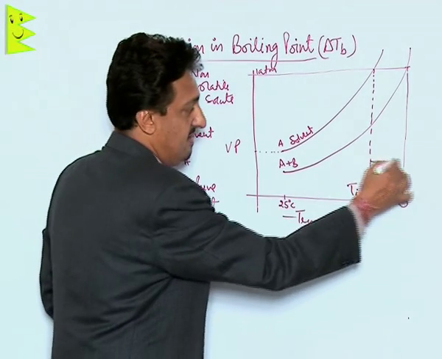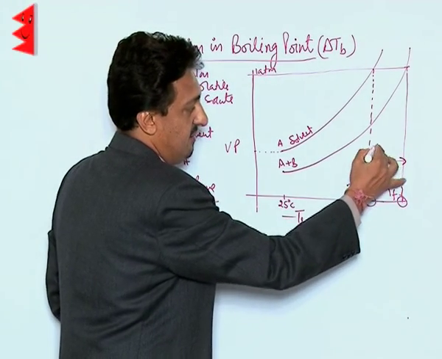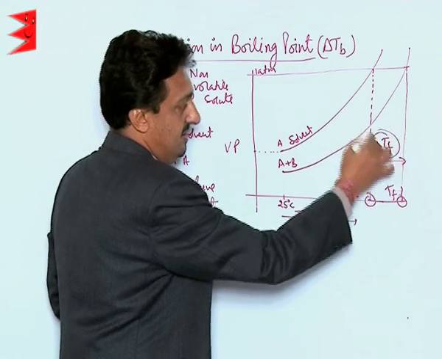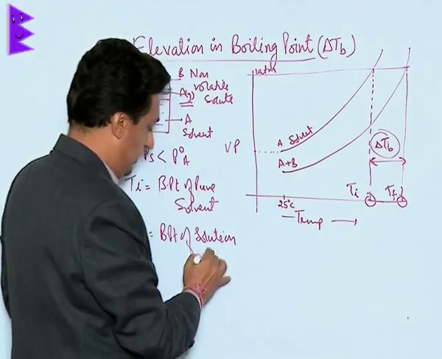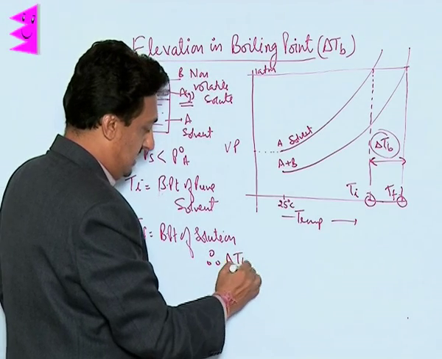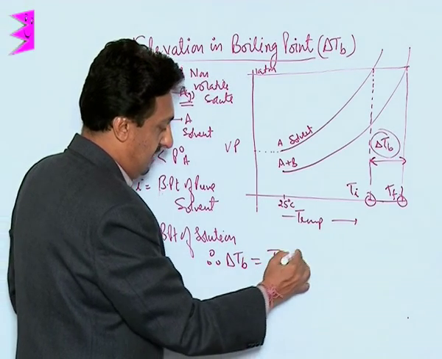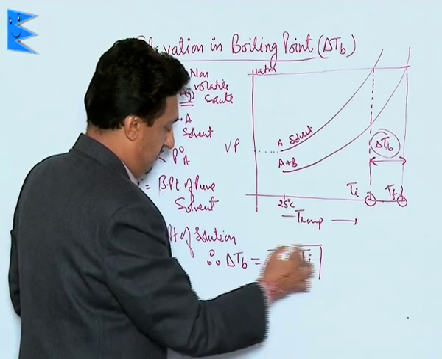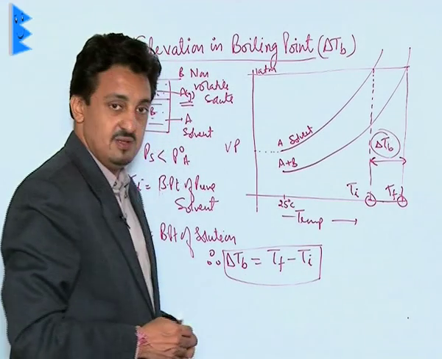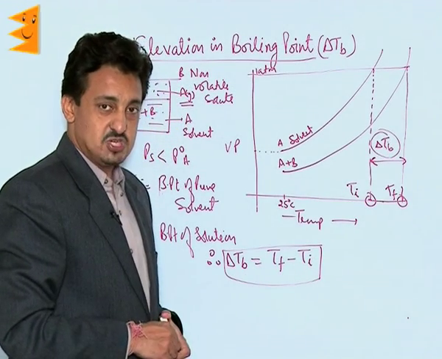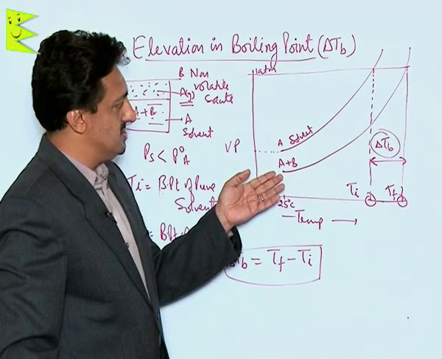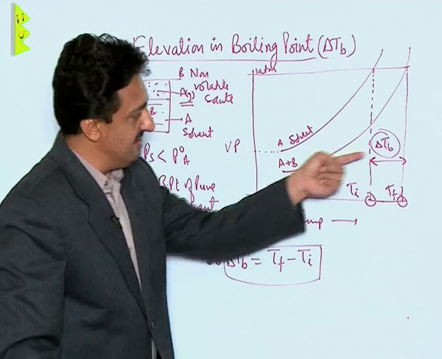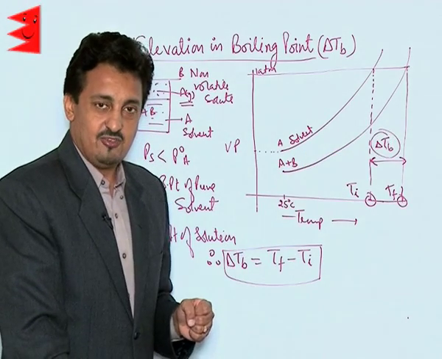Now this increase from Ti to TF is called delta TB, elevation in boiling point. So delta TB is TF minus Ti, final minus initial. This can be very easily understood by this graph, that this increase is the elevation in boiling point.